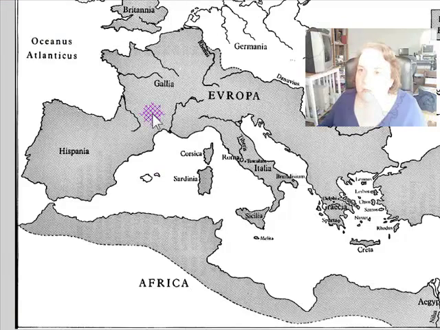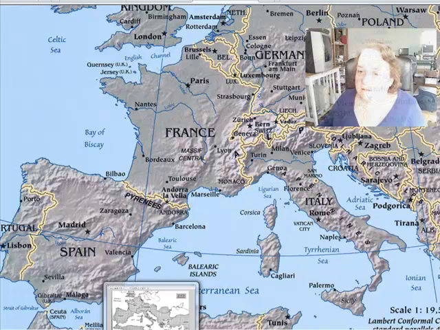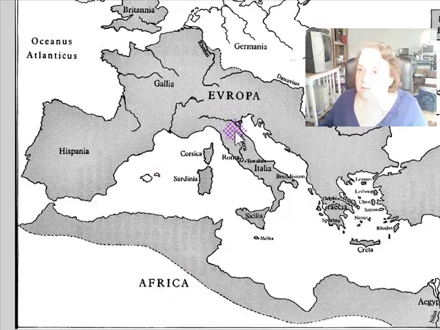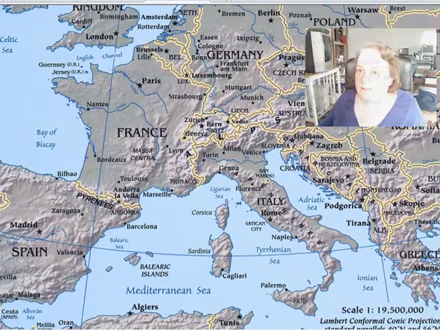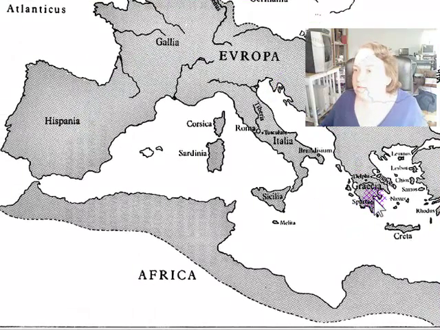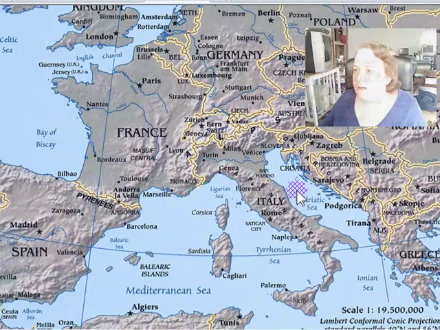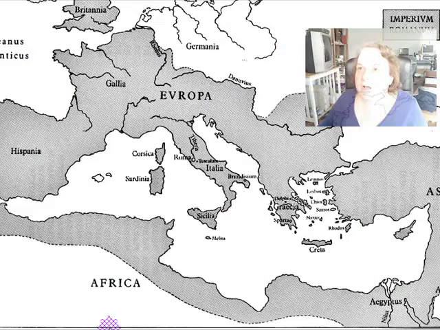Gallia, France. Italia, Italy, I knew that one. Graecia, there it is, Greece. And so you can look on any map and compare the place names with the place names that are on Ørberg's map if you're not sure as you're reading the Latin what these words are that he is using.